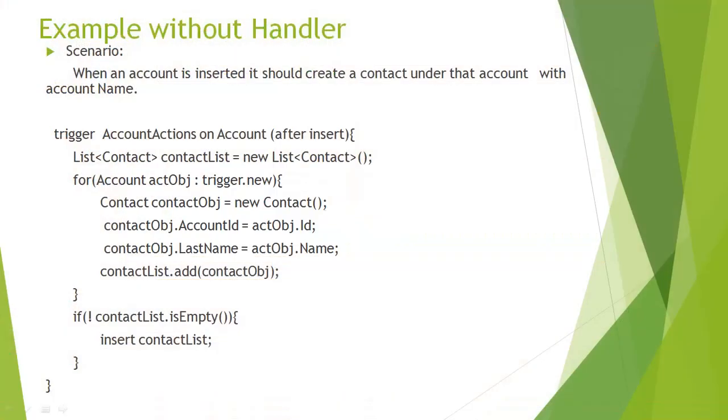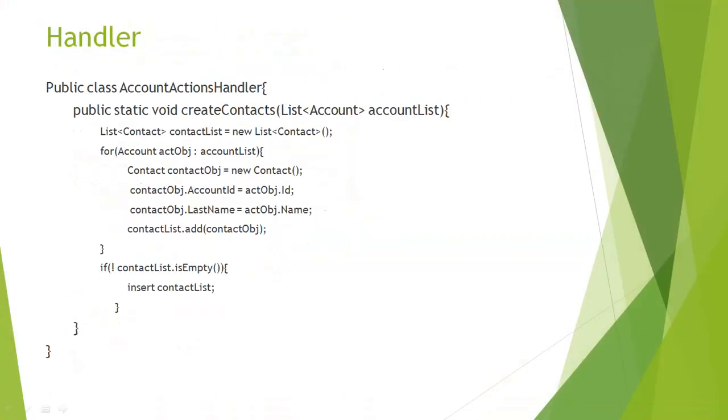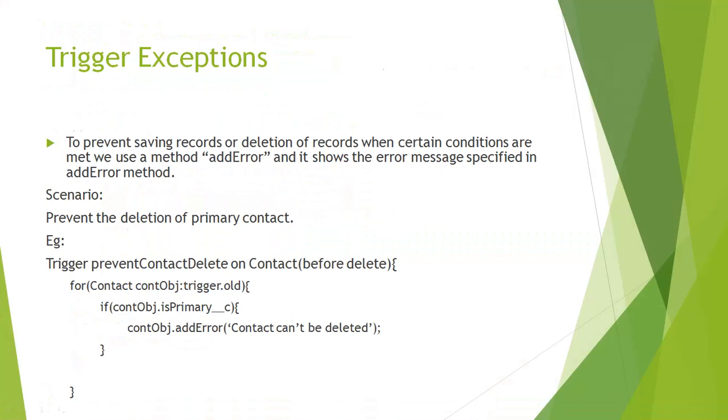So now we have completed the handler. If you see here, we have the add error method for showing error messages, for validating the records, or preventing the save or delete of the record.